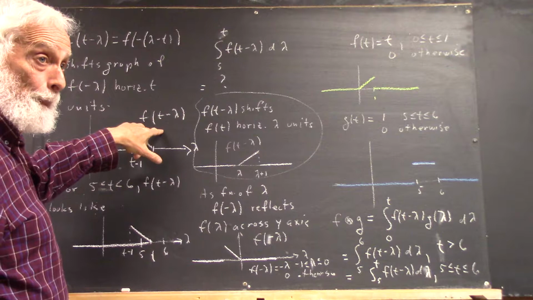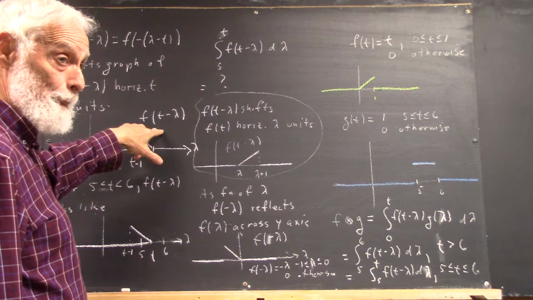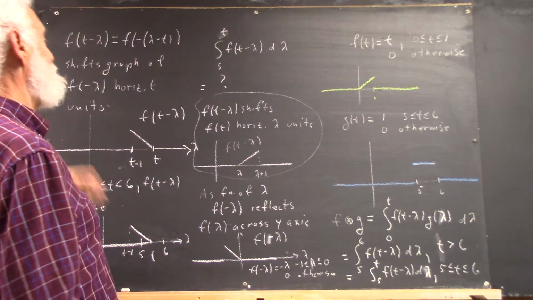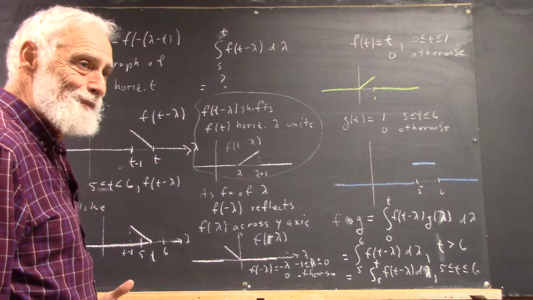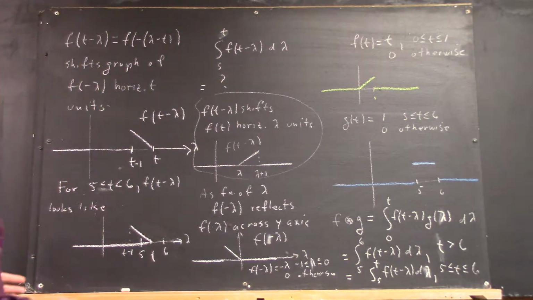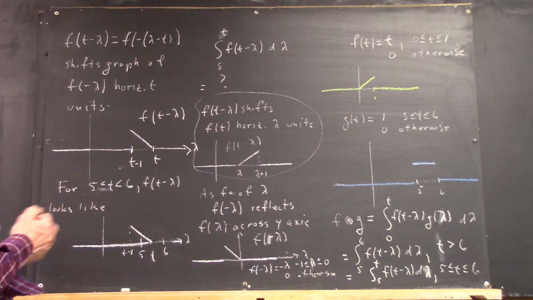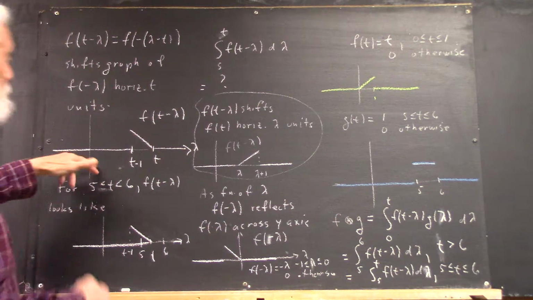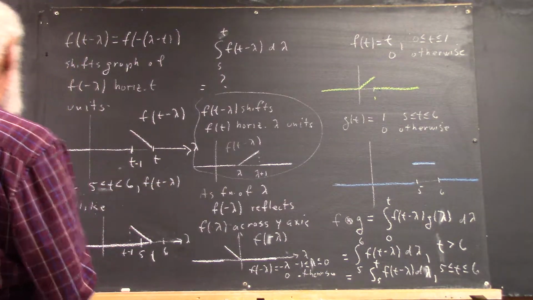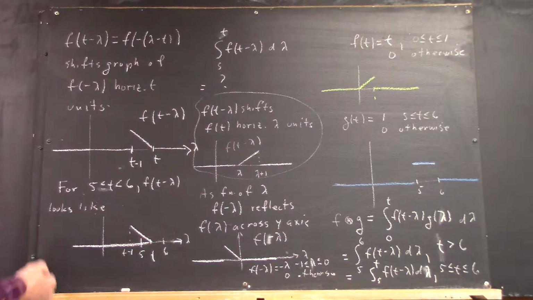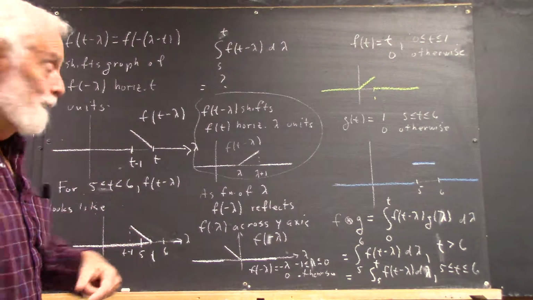There it is. And that's equal to lambda minus t for lambda from t minus 1 to t. So just to give us the ability to write that.